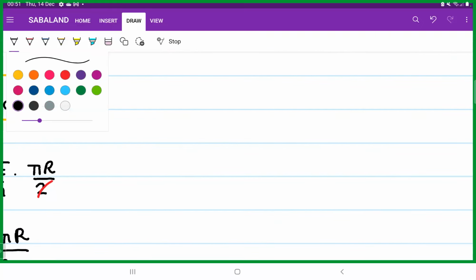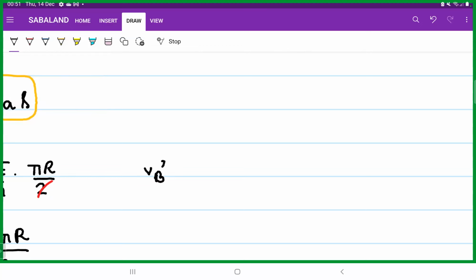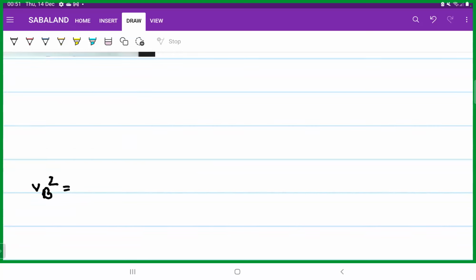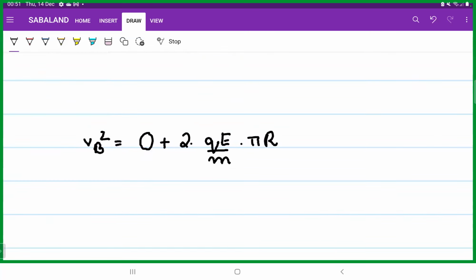Vb square will be, again, the initial velocity was 0, so it will be 0 plus 2 into acceleration, which is again constant, qE by m, into pi r, and therefore Vb square is equal to 2 qE pi r by m, right?